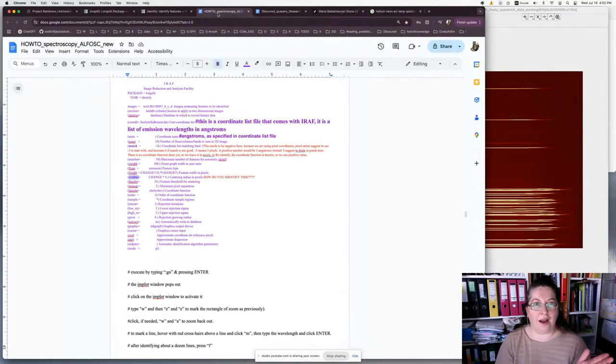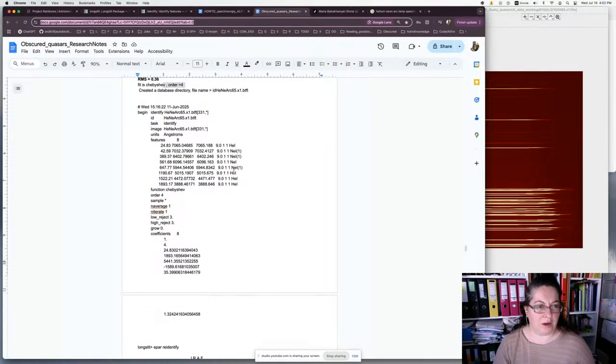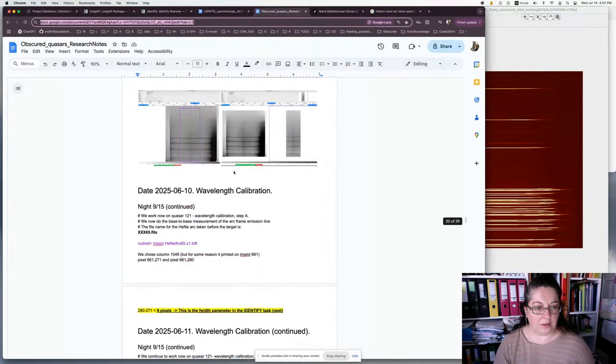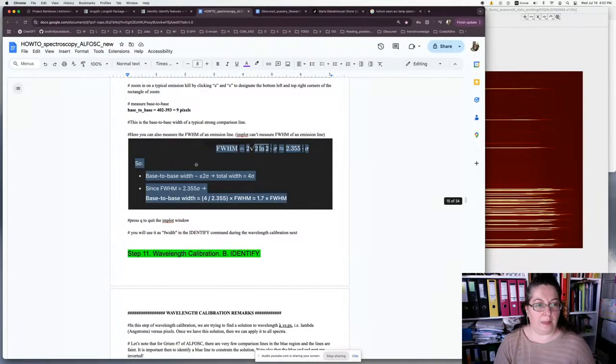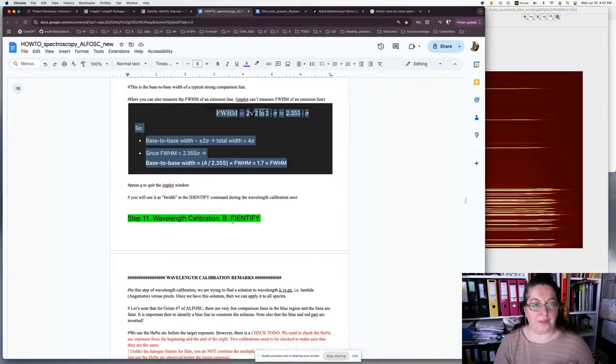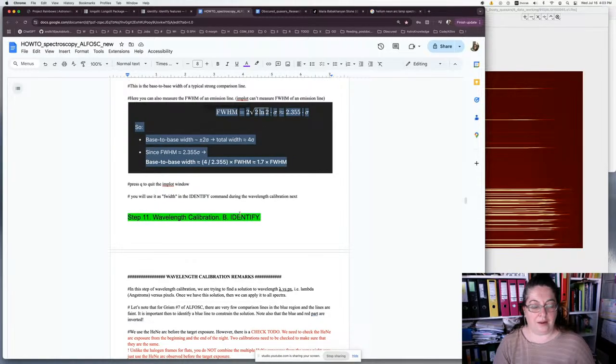And I asked ChatGPT, well, how do you identify this centering radius? And I think its answer was correct. You can approximate it, you can estimate it based on how good your data is.